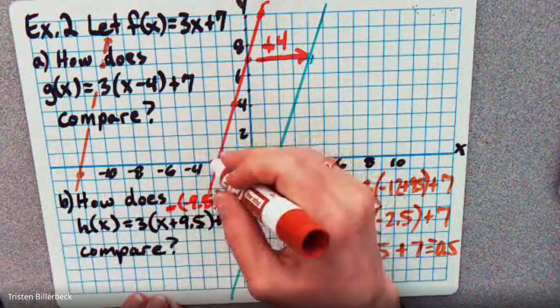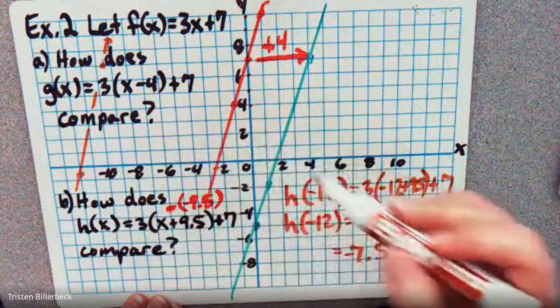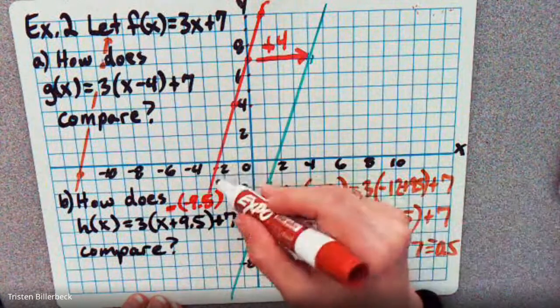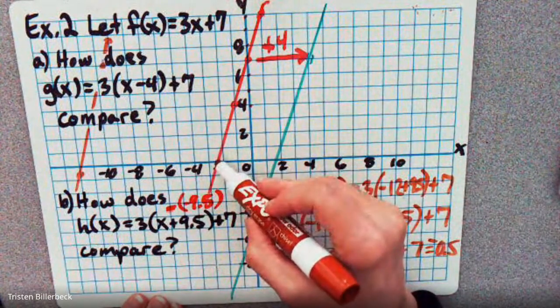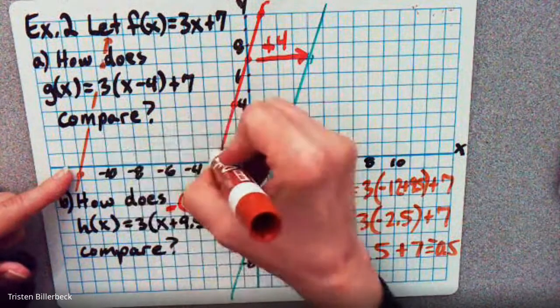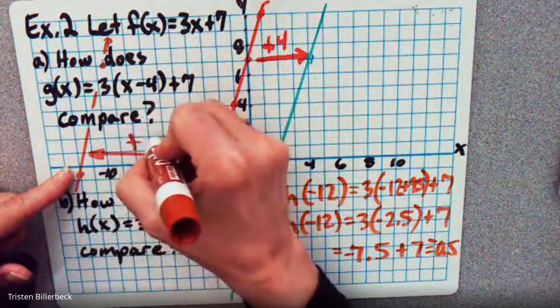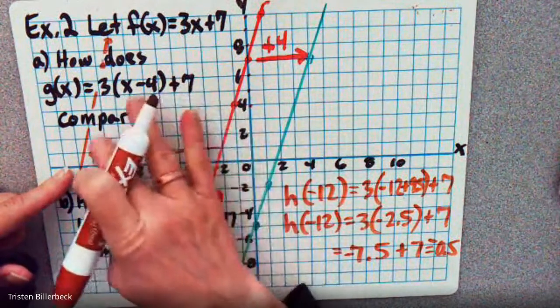If we measured it at 2.5 to about 12, that's a shift of plus or minus 9.5.